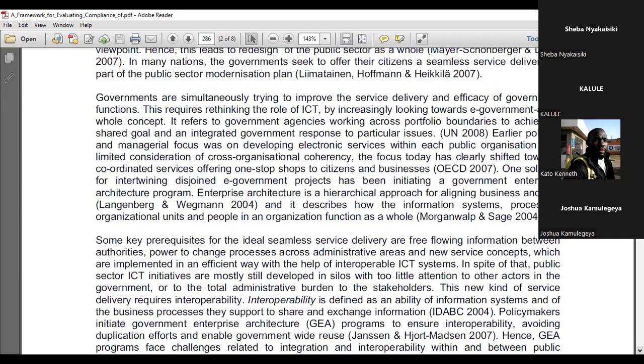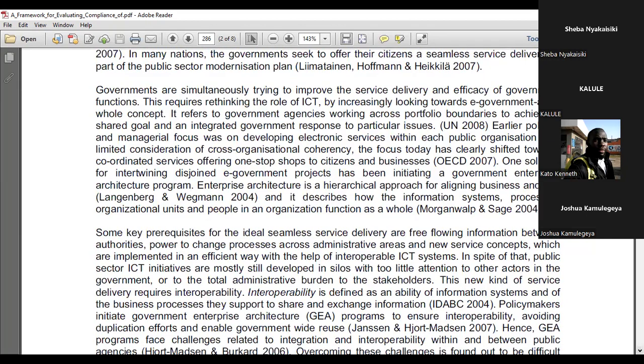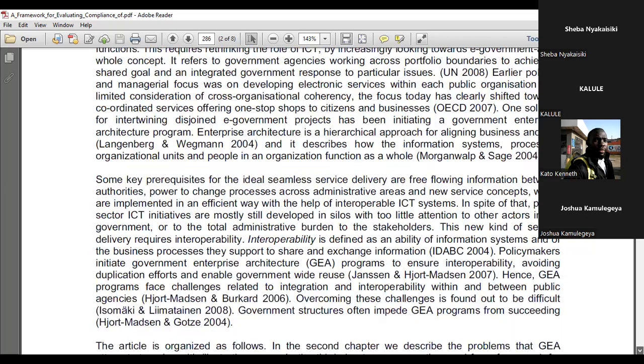Governments are simultaneously trying to improve the service delivery and efficiency of government function. This requires rethinking the role of ICT by increasingly looking towards e-government, and so on. Then enterprise architecture is a hierarchical approach for aligning businesses and ICT.